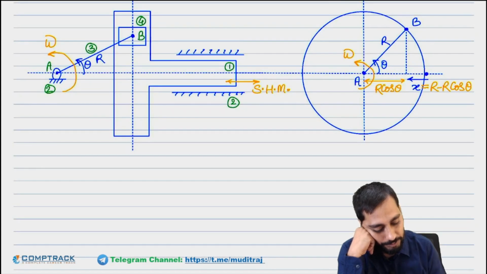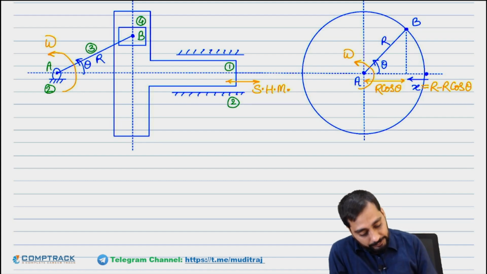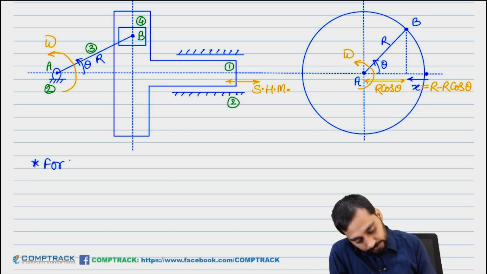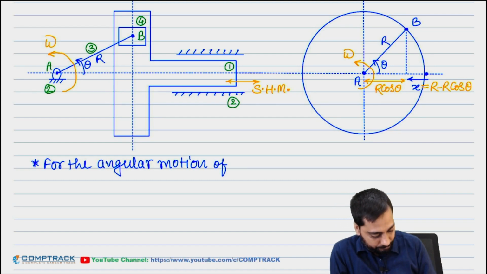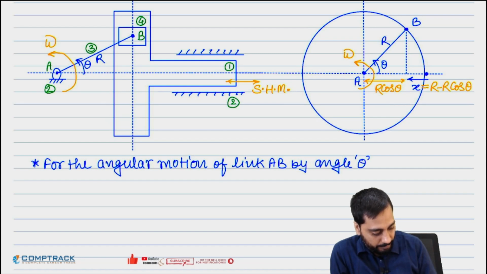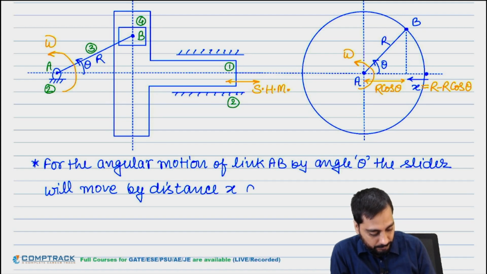Everyone clear with this? So write down here in the next line that for the angular motion of link AB by angle theta, the slider will move by distance x as shown.